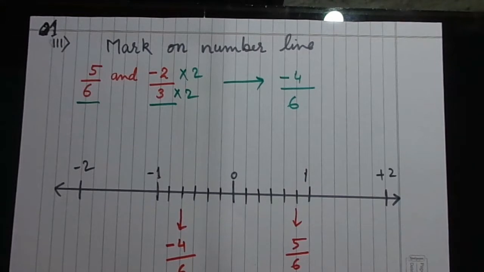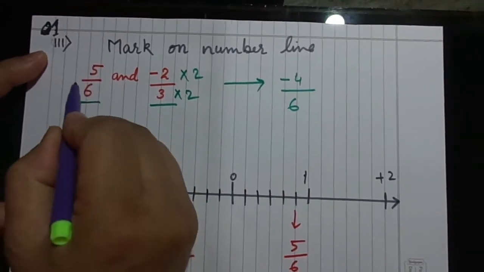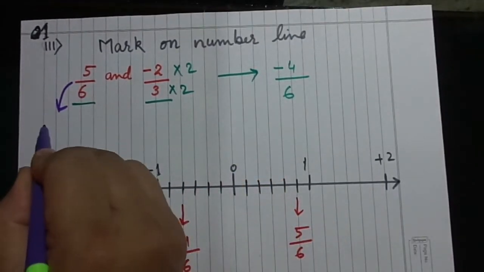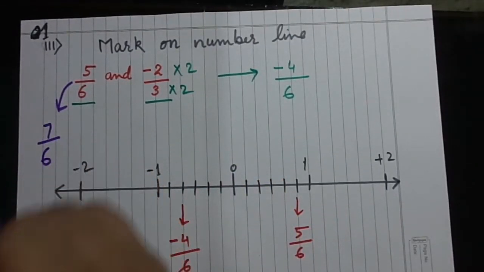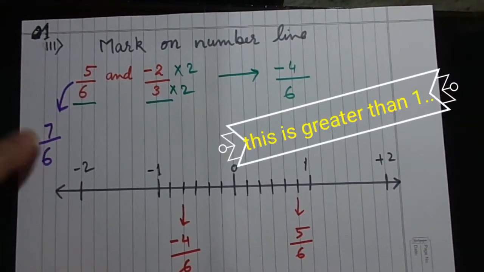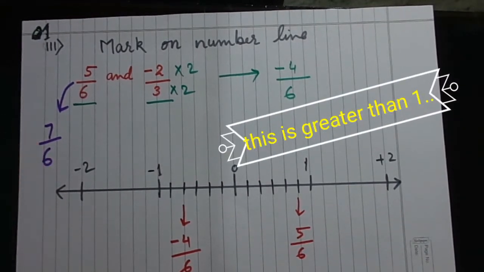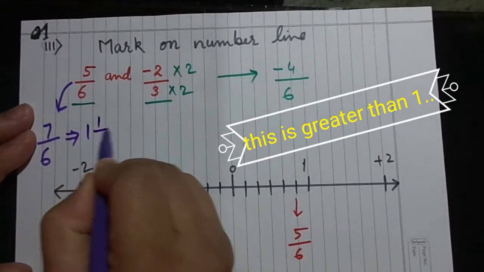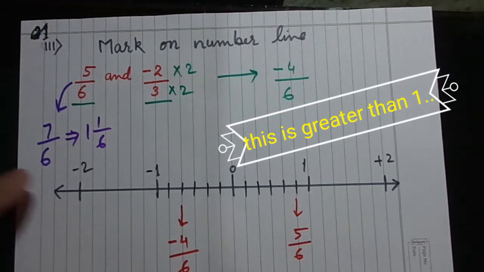Sometimes, for example, if they give you a number instead of 5 by 6, let me say 7 by 6. Okay, 7 by 6. So 7 by 6 is greater than 1. So first convert it into a mixed fraction. 7 divided by 6 can be written as 1 and 1 by 6.